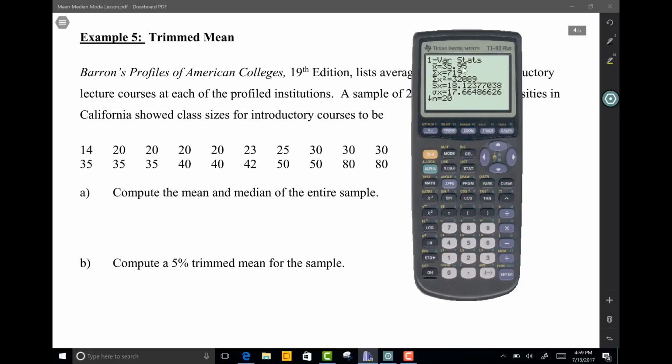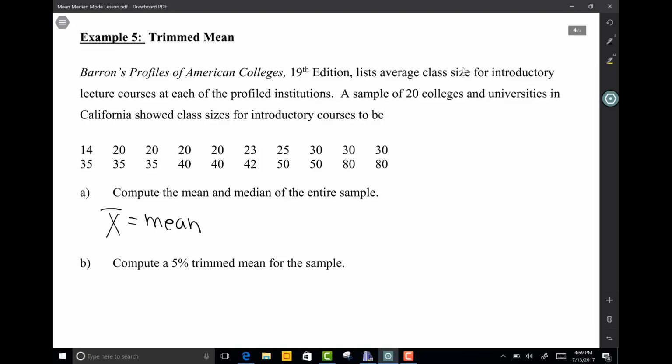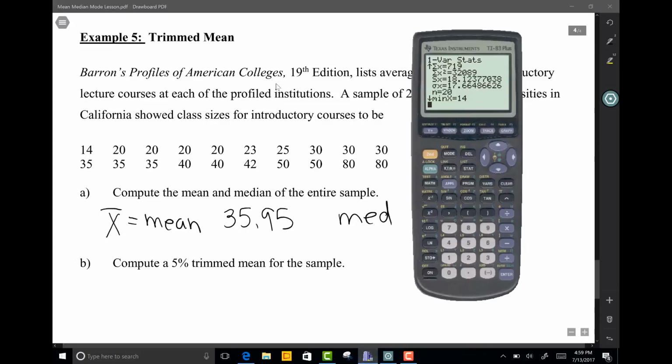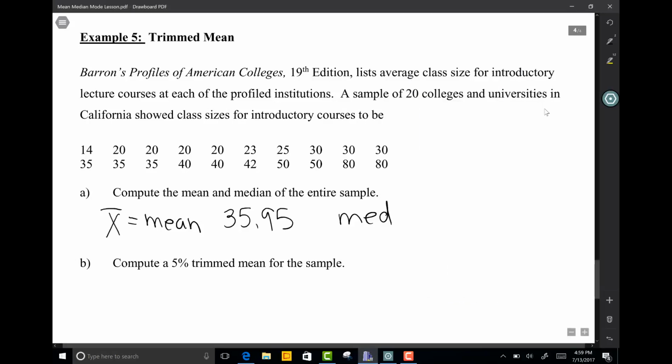X bar, which is my mean, came out to be 35.95. And then the median, let's see what the median came out to be. If I scroll down and I look for MED, the median came out to be 32.5.